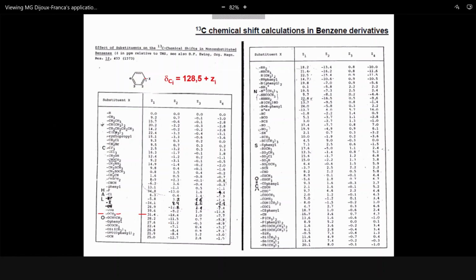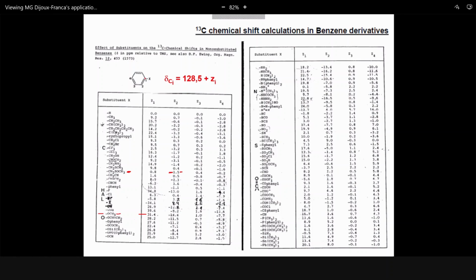Sometimes we don't have exactly the right chemical groups. I don't know if we could see that somewhere else, but it's something like that. So I should add 1.5 ppm because the sulfur here has the same behavior as the carbon with the double bond.